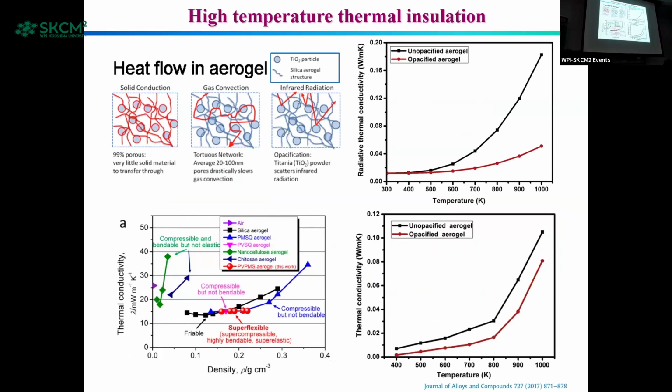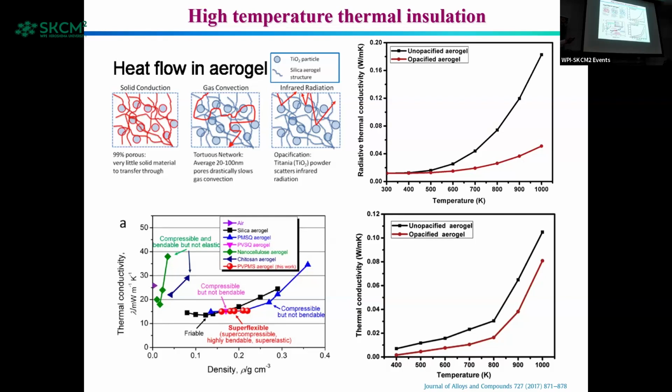And gas convection is another part of heat flow. But in aerogel, the pore size is less than 100 nanometers, so generally mesoporous aerogels, which is near the mean free path of air, 70 nanometers. That's why the gaseous convection part of the heat flow is lower in aerogel.